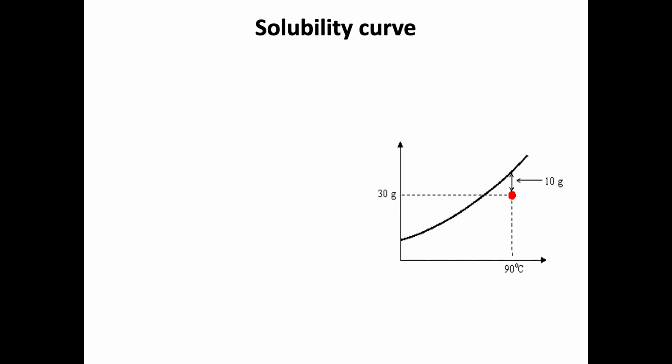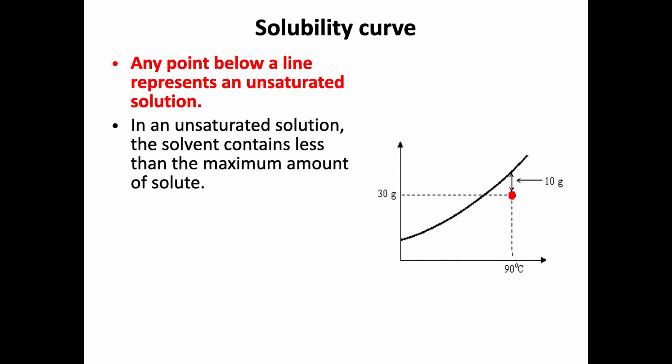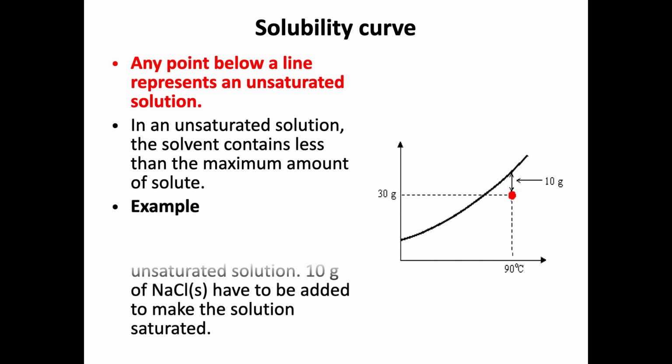But check this one out. At 90 degrees, I've got 30 grams dissolved. Where's my other 10 grams? That other 10 grams is what I can still dissolve. If I can still dissolve something, that is called an unsaturated solution. It's less than the maximum. Remember, the maximum was 40 up there.